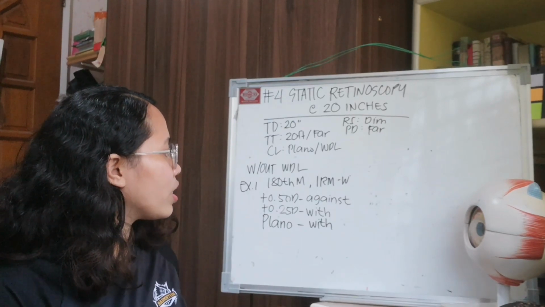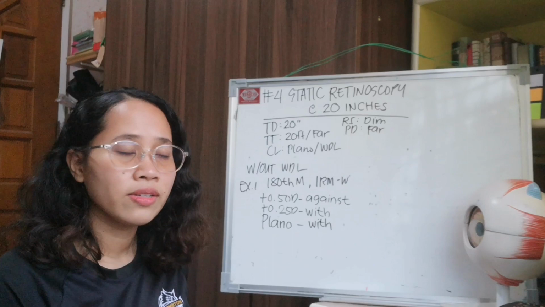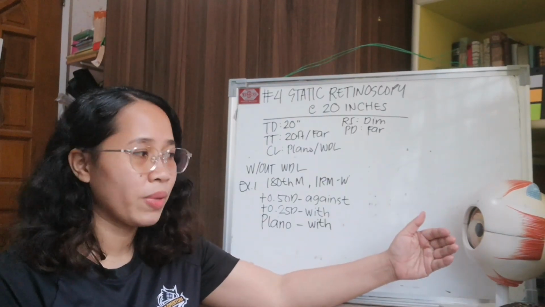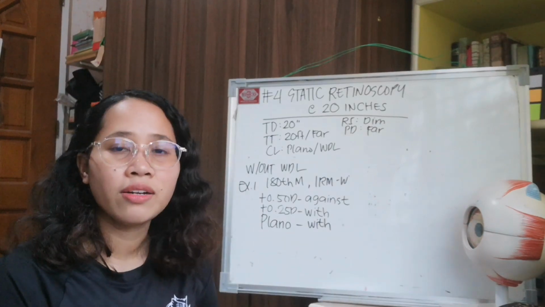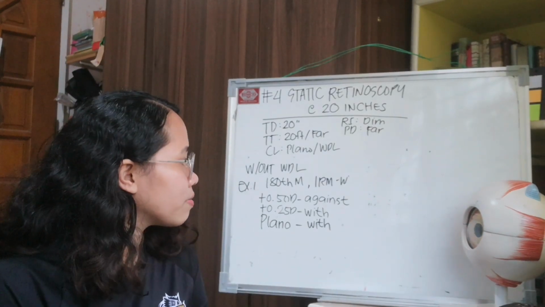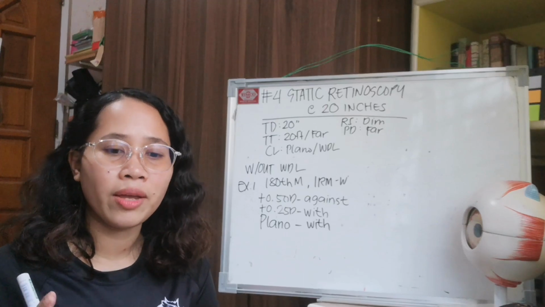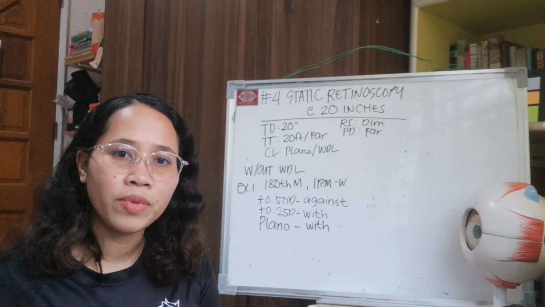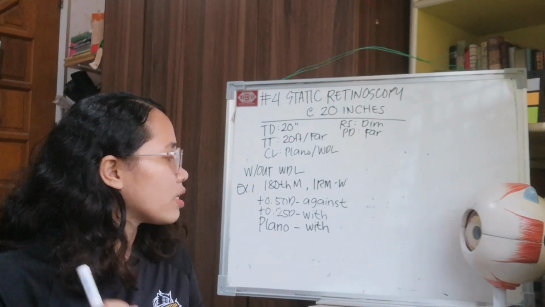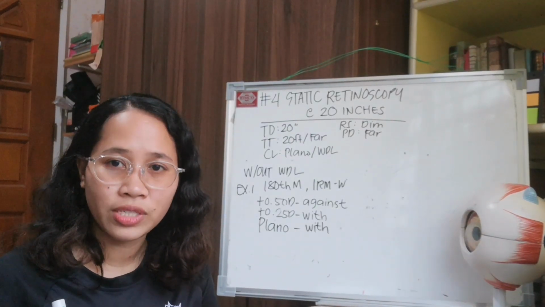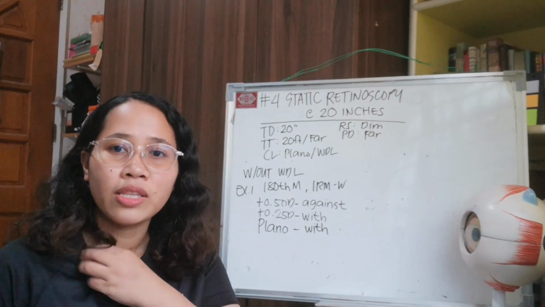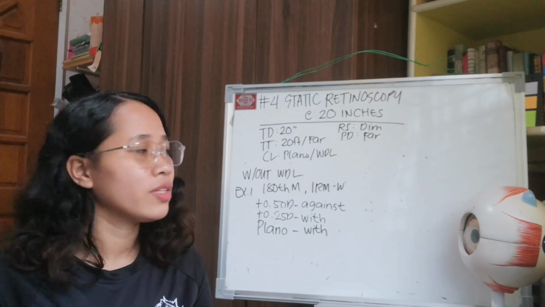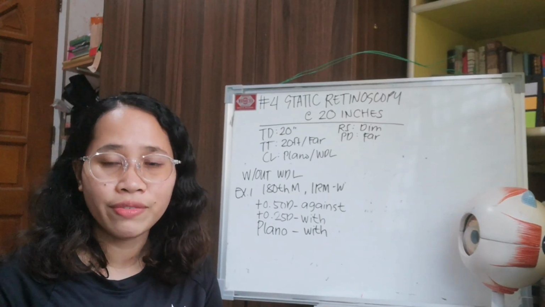So we increased another click, so it's plus 50 now in place in front of the patient, and the movement is against. So this is now what I was telling you in the previous video, that this is the point of reversal. So it's possible that we can get the point of neutrality, but it's easier to get the point of reversal.